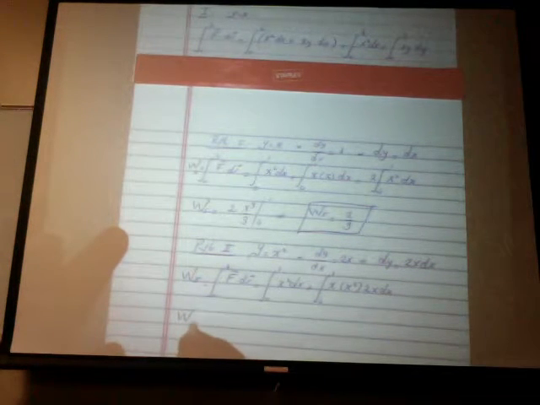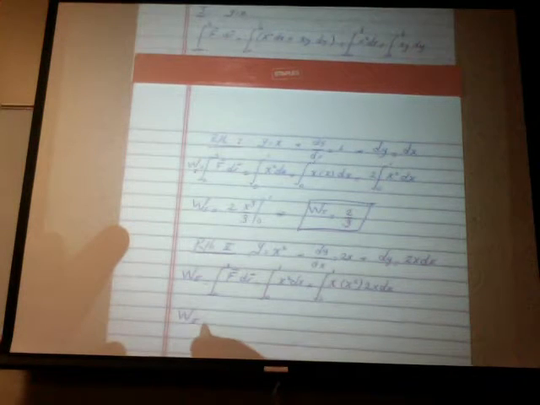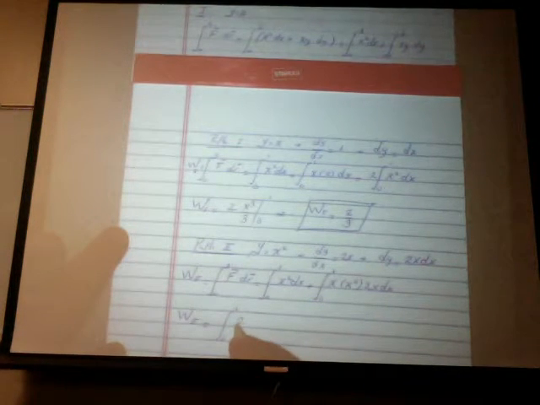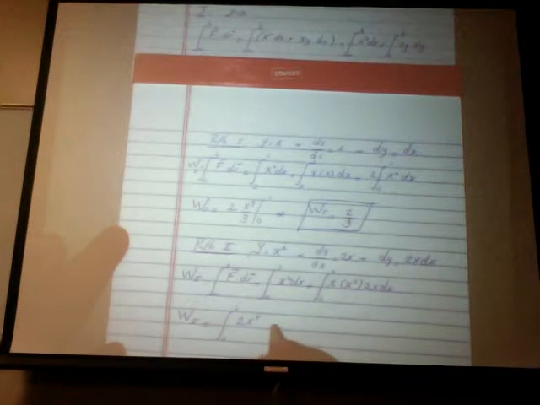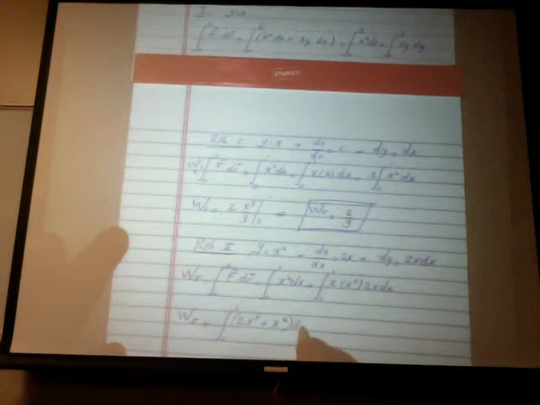So the work through path 2 is equal to the integral from 0 to 1 of 2x^4 plus x^2 dx.